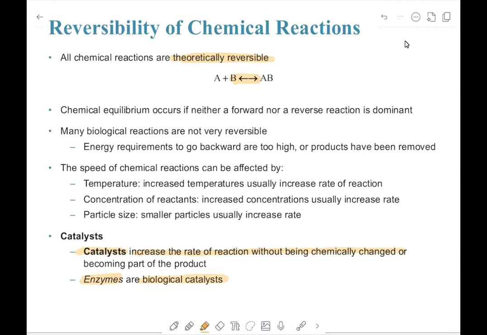The speed of the reaction can be changed by things like increasing the temperature, the concentration of the reactants, and the particle size. But in the human body, you can't just turn up the temperature. Your body temperature could increase a little bit. But if you think about a campfire, you're going to want to cut the wood into smaller and smaller pieces to increase the surface area.